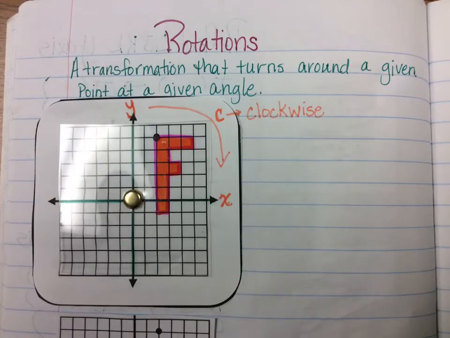Okay, make sure that you have traced around your F, and at the top corner is a black dot. What I want you to do now is write the coordinates down of the dot. You are going to go over 2 units and up 5 units.